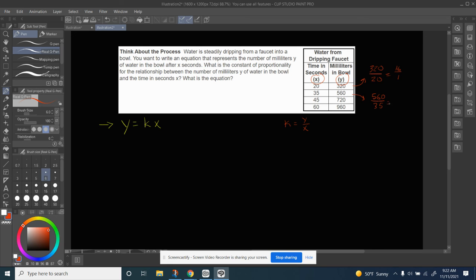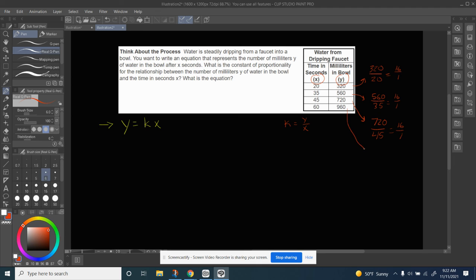So we know that this is also going to be 16, and we have to double check, right? You cannot just assume. I can't tell you how many times I've had to tell my students, please check every single one, right? So 720, and we're going to divide that by 45, and 720 divided by 45 is still going to be 16 over 1.